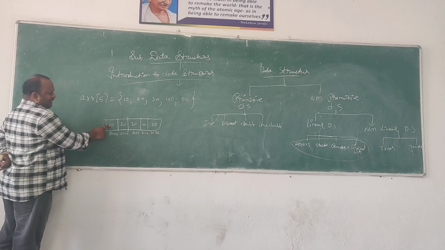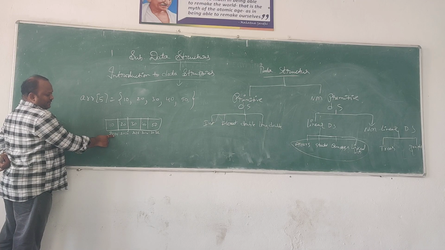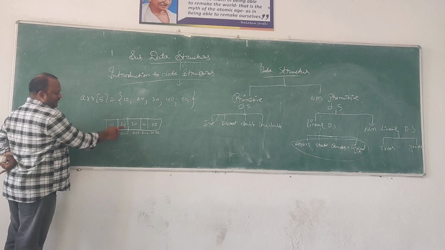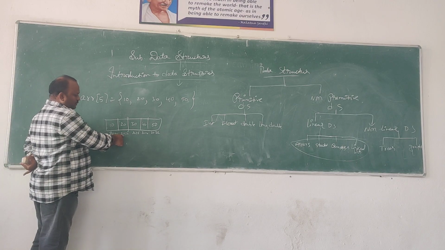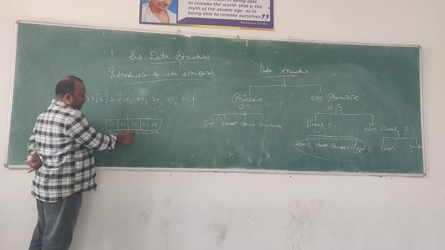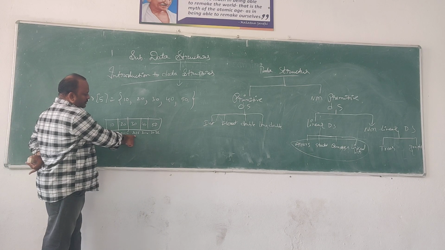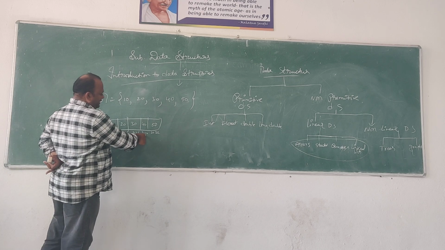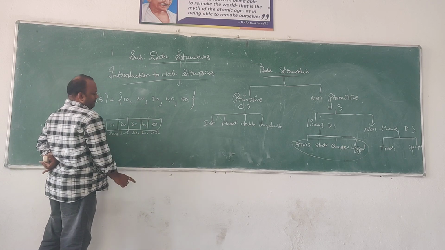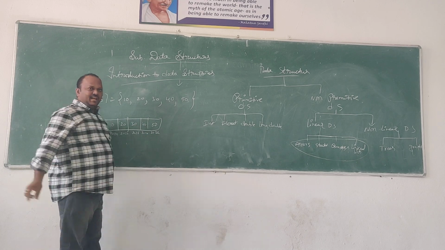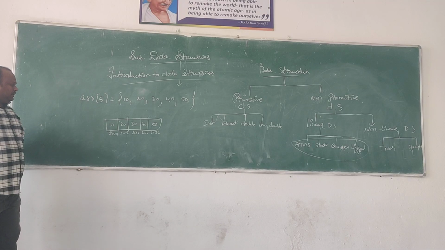This 10 will be stored at memory address 2024, 20 at address 2026, 30 at address 2028, 40 at address 2030, and 50 at address 2032.